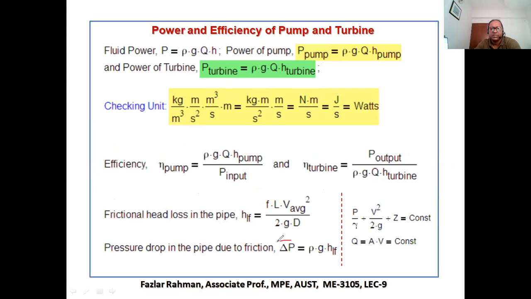And this is the pressure drop. I will get the pressure drop between 2 points.